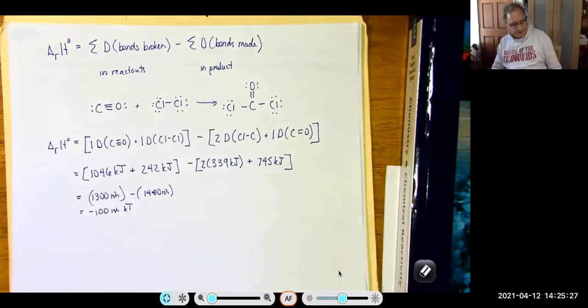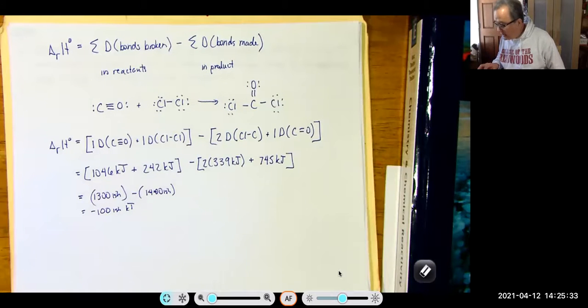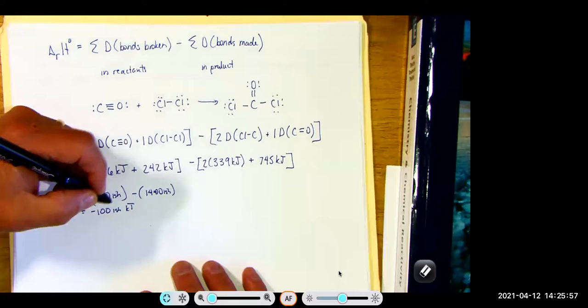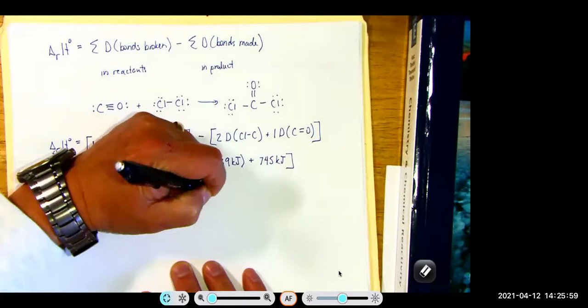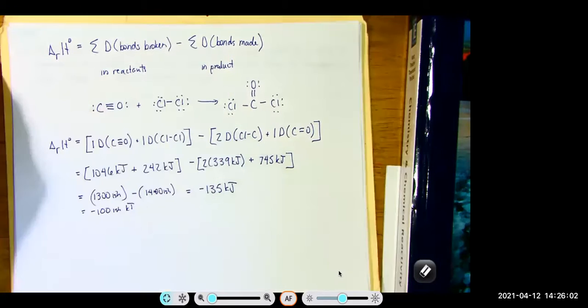Where's my calculator? Oh. So 1046 plus 242 minus 745, then minus 3 times 339. Oh, 2 times. So I get minus 135. Yeah, that's what I got. I didn't get that. What did you do? Did you add inside the brackets first?